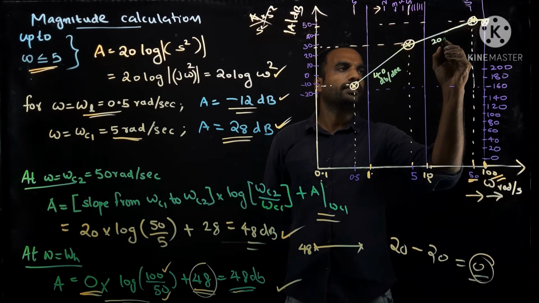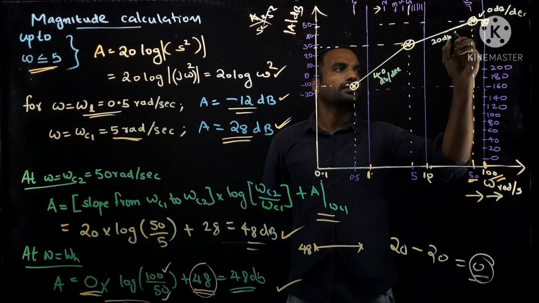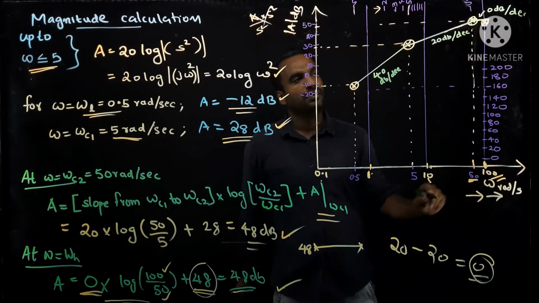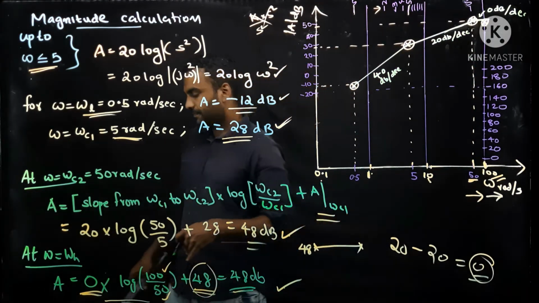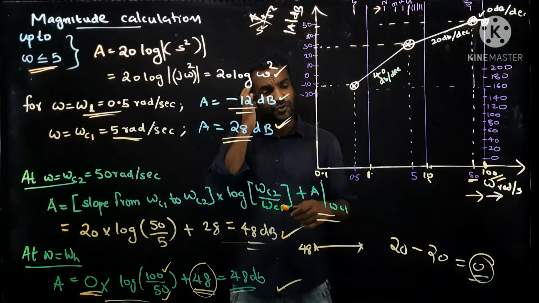This is 20 dB per decade. This is 0 dB per decade. So the slopes are also marked. So the Bode magnitude plot is over.